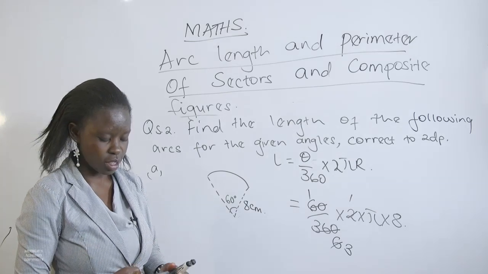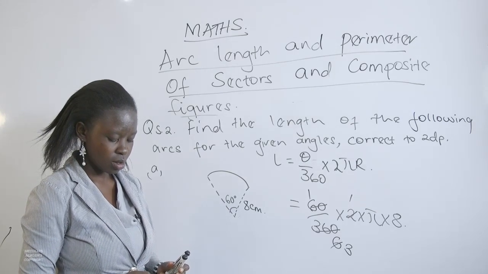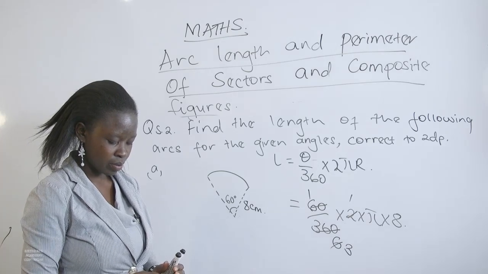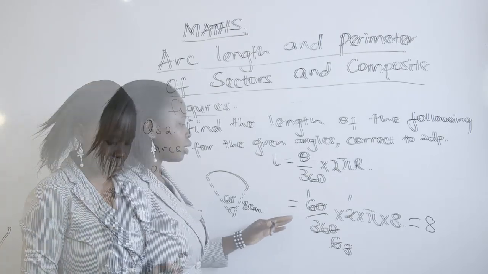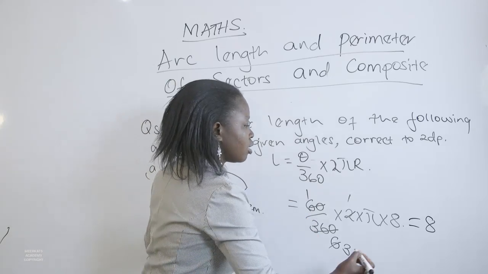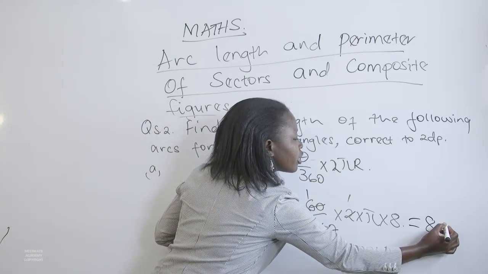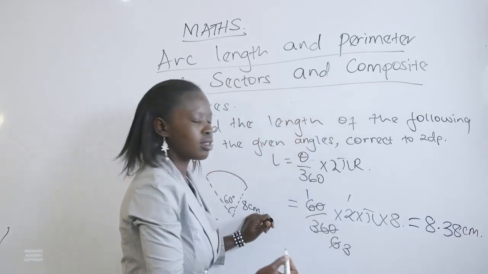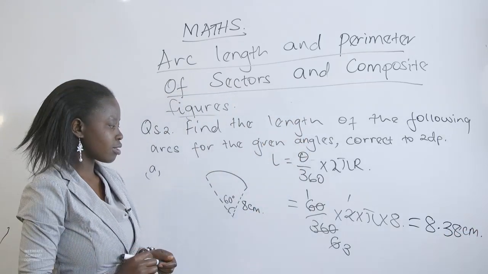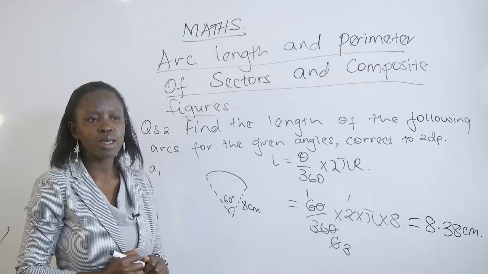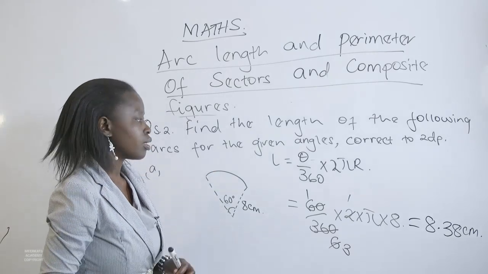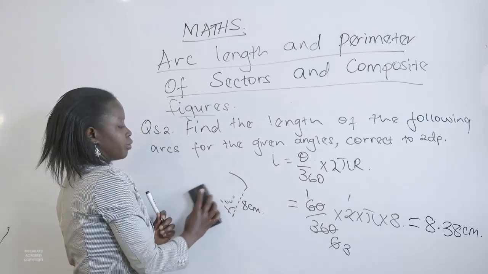We need to get the value of that to 2 decimal places. So when we simplify, we have 8.38 centimeters as the length of this given arc. Part B.